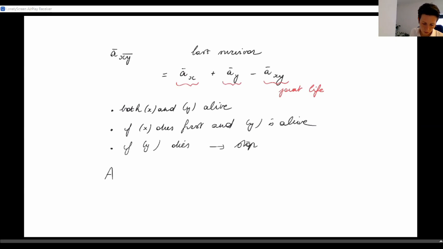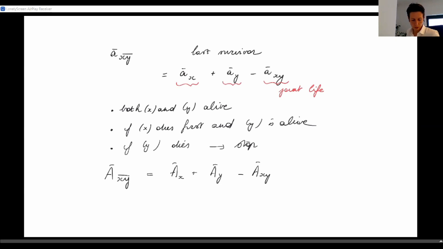If we do something similar for the last survivor insurance product, then I'll get this relationship.